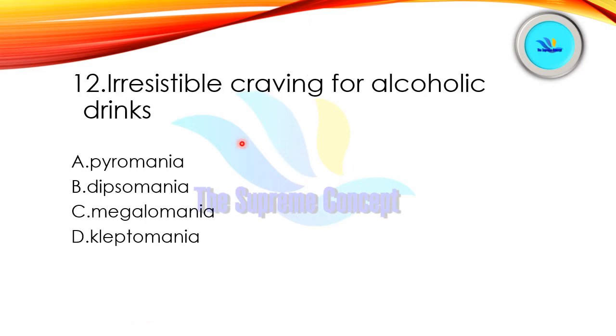Question number 12. Irresistible craving for alcoholic drinks. And here are the four options: pyromania, dipsomania, megalomania, kleptomania. Just mark your answer. Yes, you are correct. Option number B is correct here.